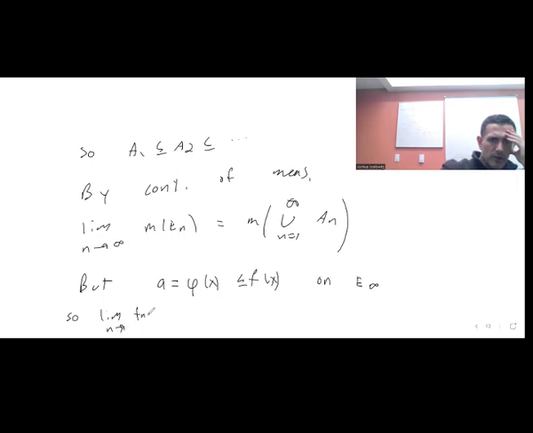Well, f of x is the limit as n goes to infinity of f_n of x. And f of x is bigger or equal to a. So that means this limit here, and this is kind of what's important, this limit here is bigger or equal to a.